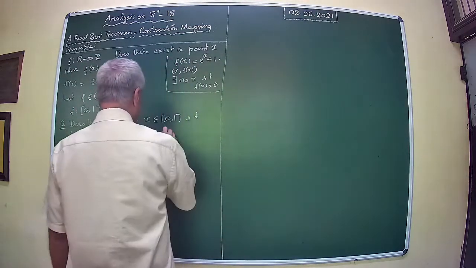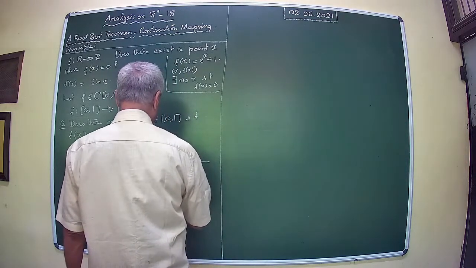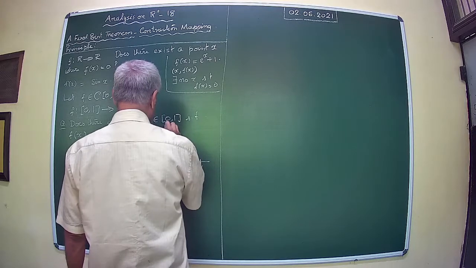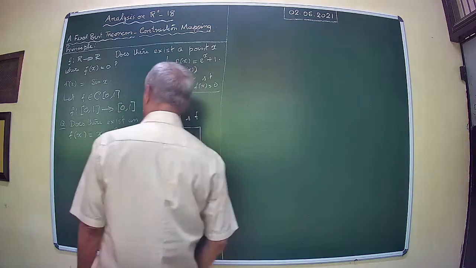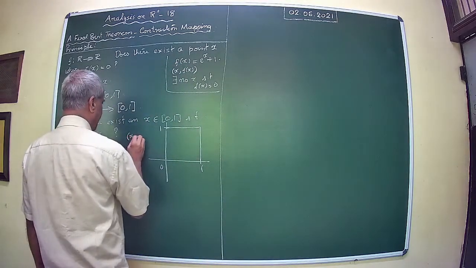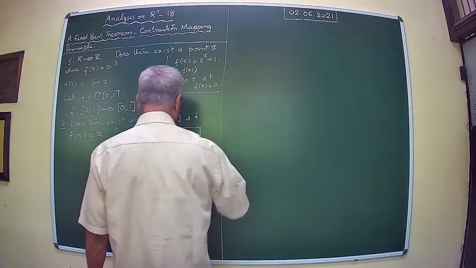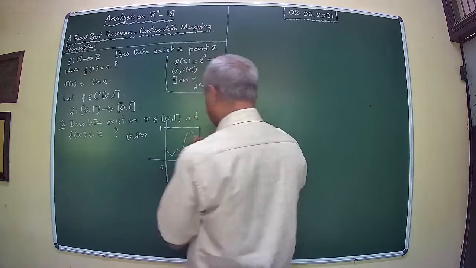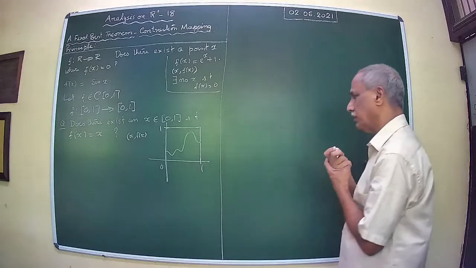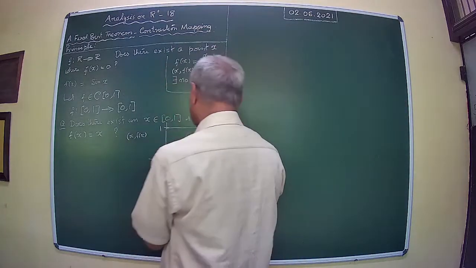If you look at the geometry of this problem, you are defining a map from 0, 1 to 0, 1. So the graph of the function x, f(x) is something like this. It is defined on the entire 0, 1, its range lies between 0 and 1, and it is continuous. Therefore, the graph is something like this.